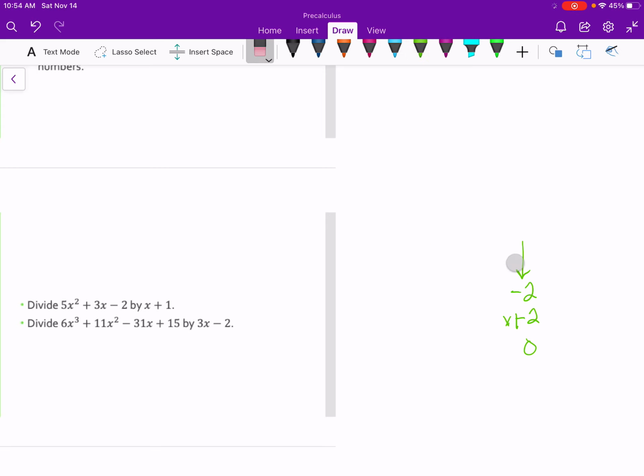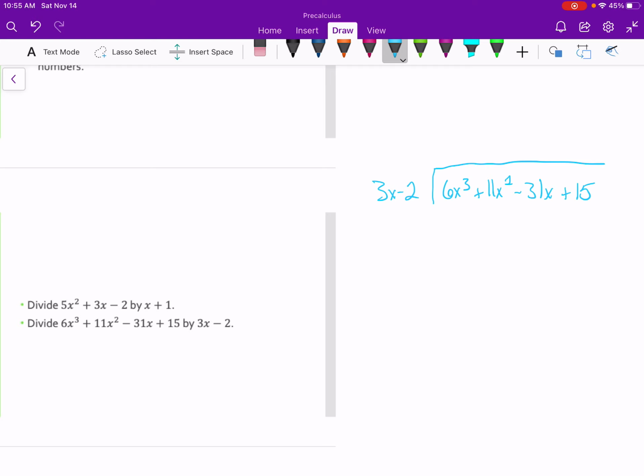All right, let's try another example of long division. So we're taking 6x cubed plus 11x squared minus 31x plus 15. Okay, we have all of our terms divided by 3x minus 2.